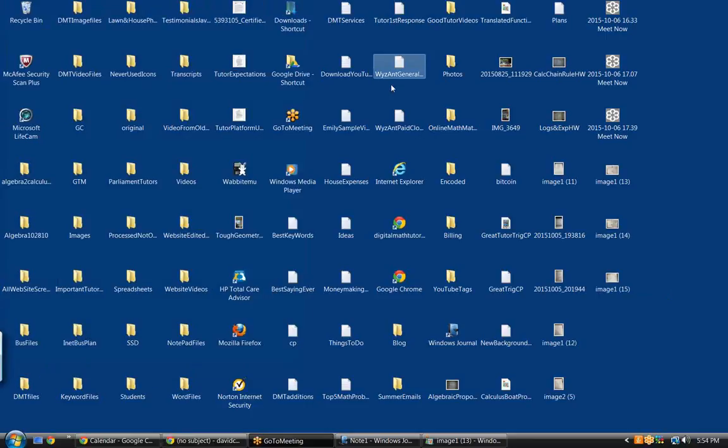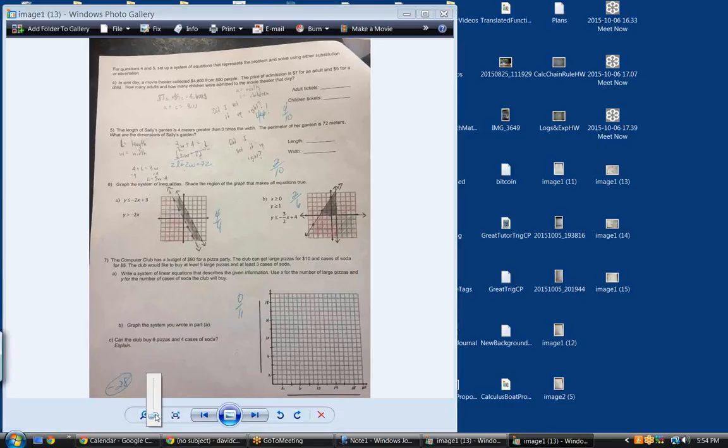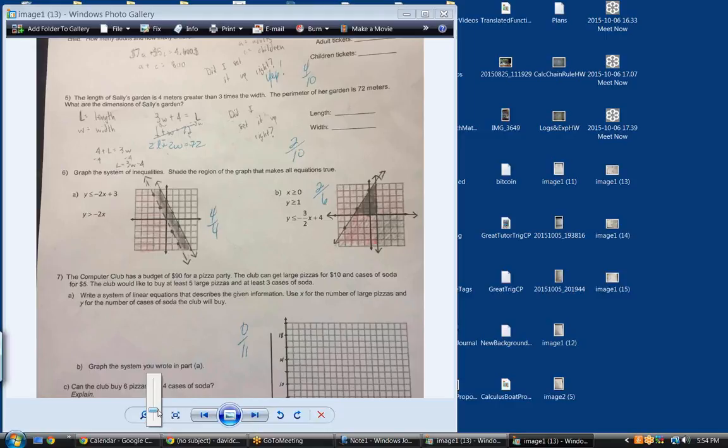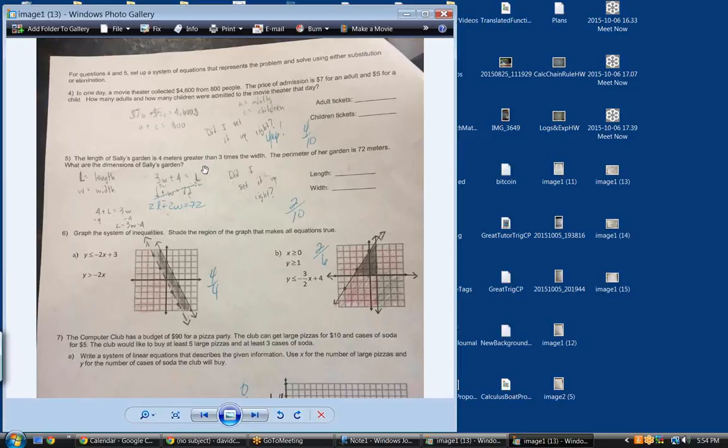That's kind of weird that that program works that way, where if you're forwarding it, it doesn't forward it as an attachment. Forward it as an image. Is this the page we want? Oh, that's the next one. But this one, I just wanted to go over that first one. That one is the one I'm on.